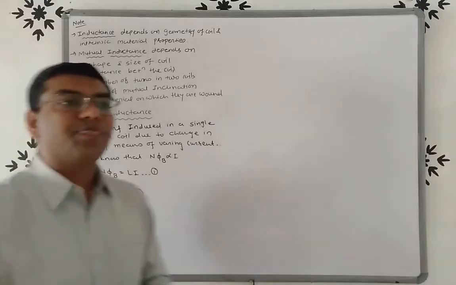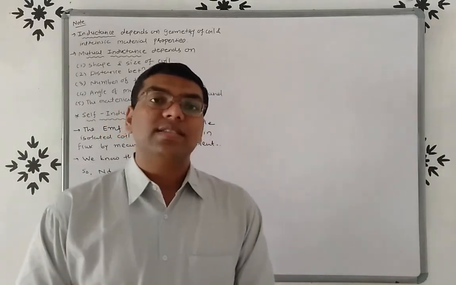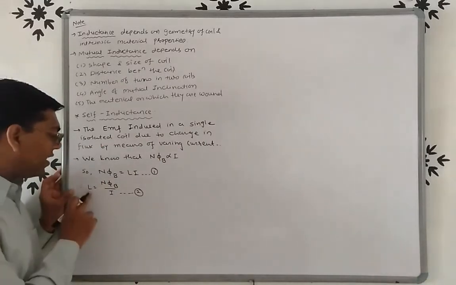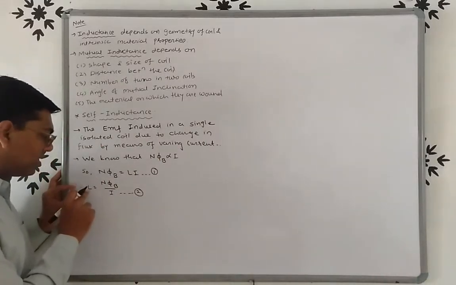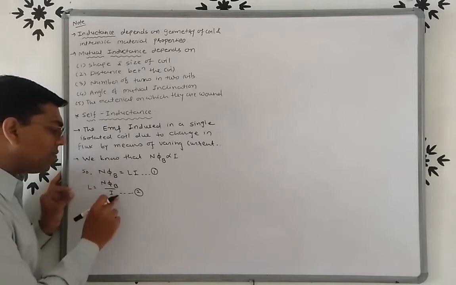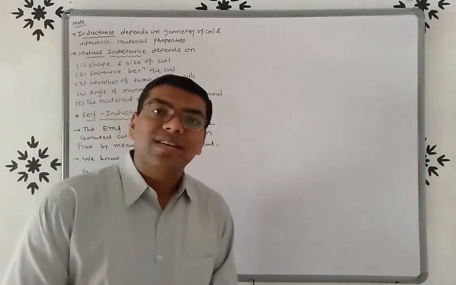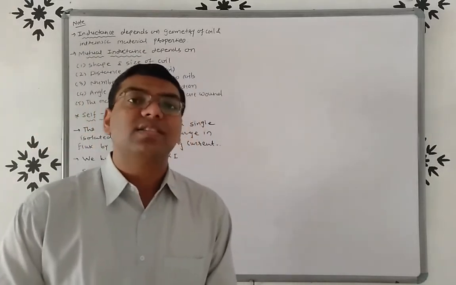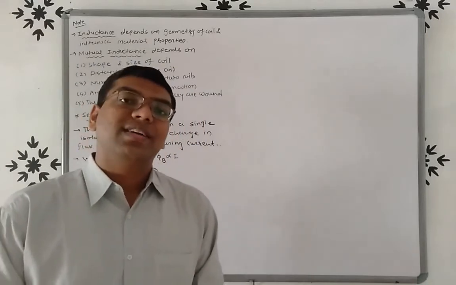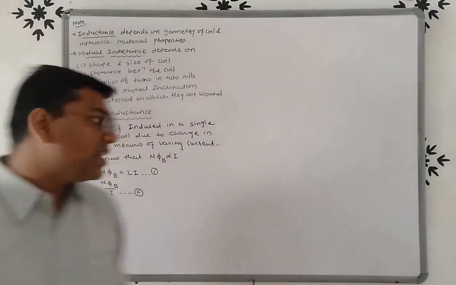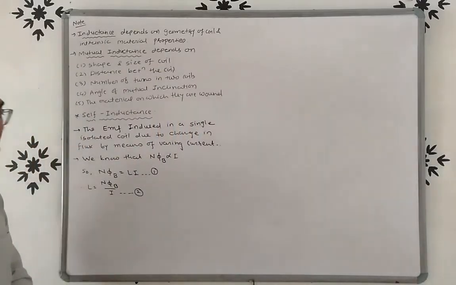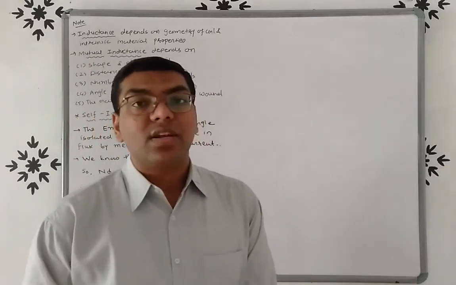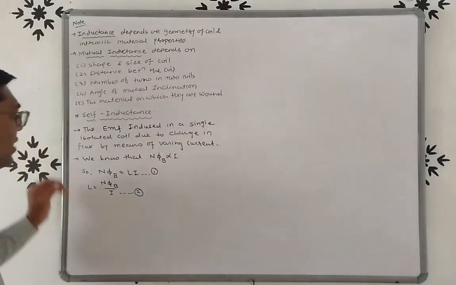So we define self-inductance by this formula: L is equal to N phi B by I. So the first definition of self-inductance is like this: the magnetic flux per unit current in the same coil is known as self-inductance, right?